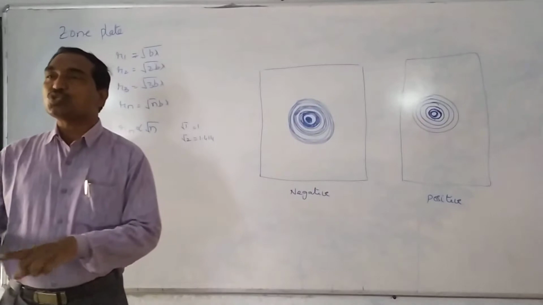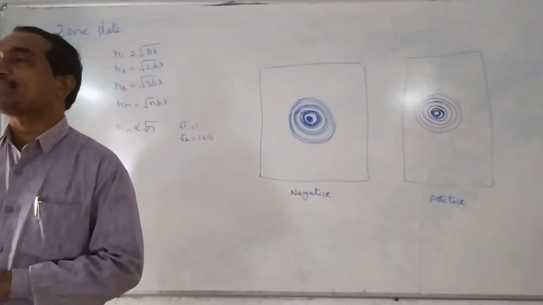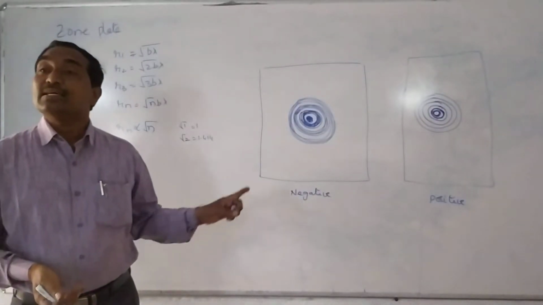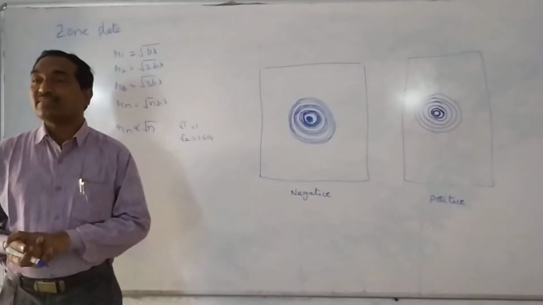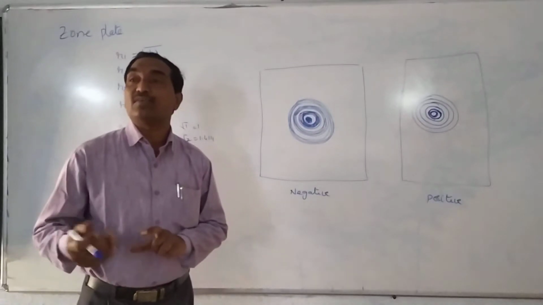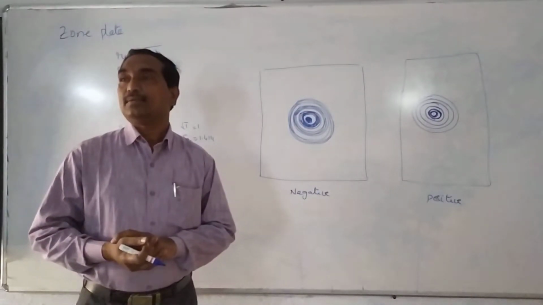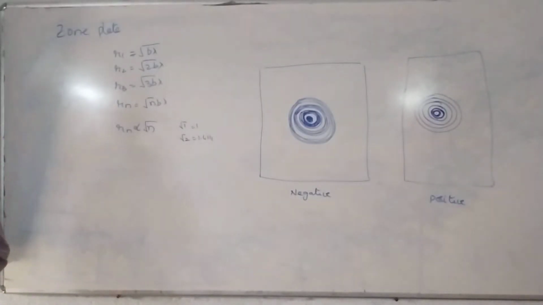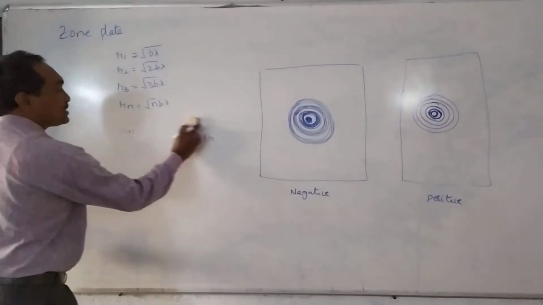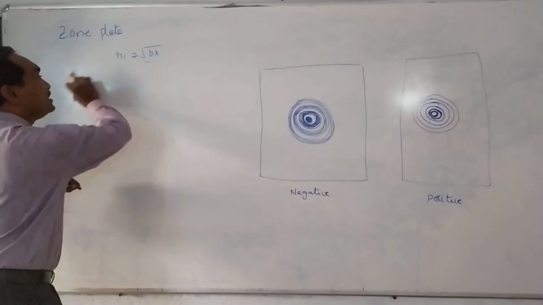By using these zone plates we have a number of applications. One application is that the zone plate acts as a converging lens. We know a converging lens is nothing but, in our words, a convex lens. So how can it work as a convex lens? Now I will observe the cross section of this zone plate.